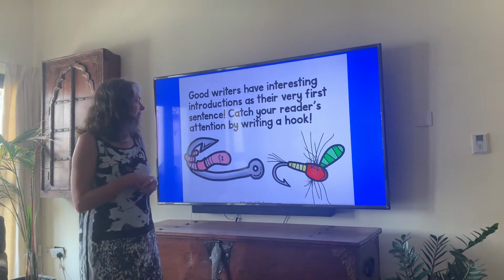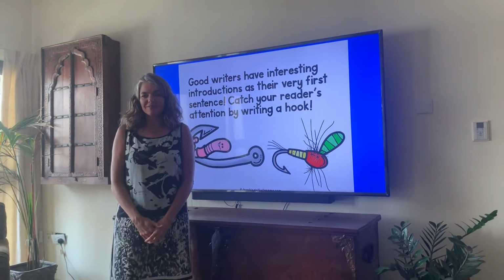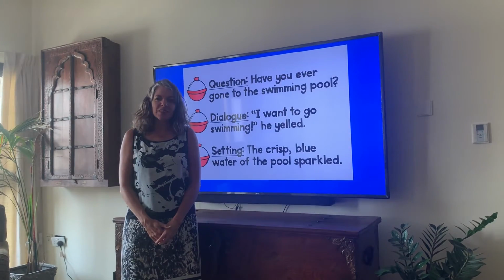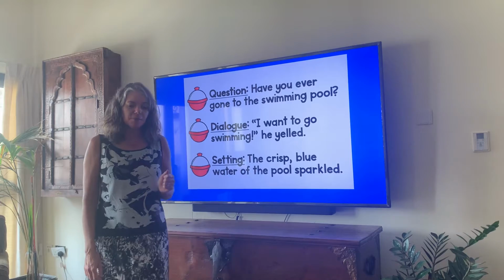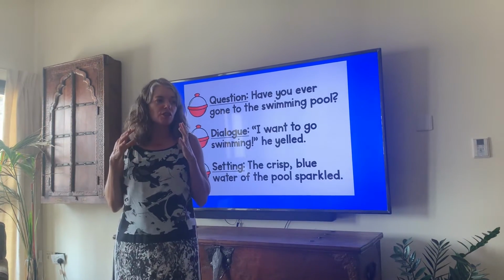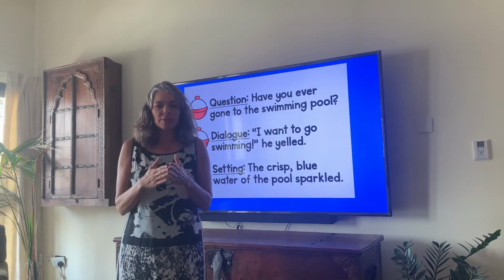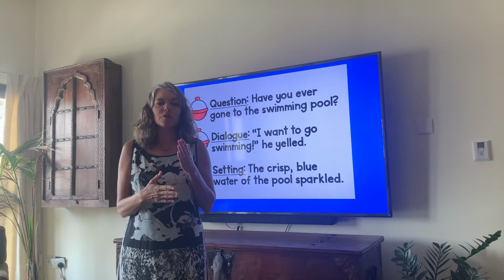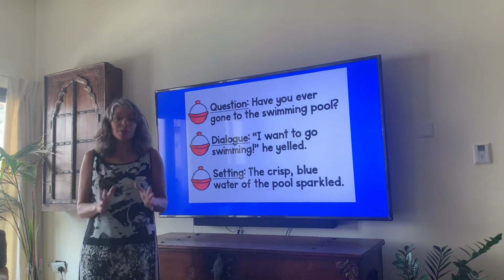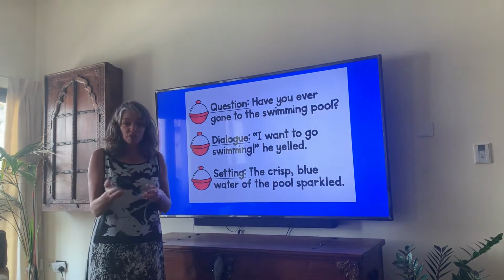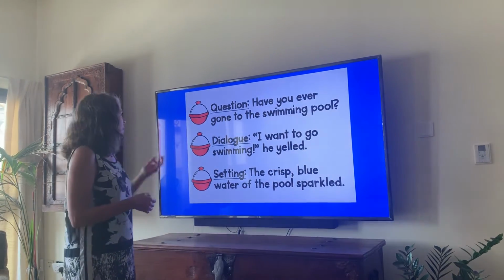So we're going to learn to write different hooks. There are 6 different types of hooks. I'm going to teach you them, using an example from your swimming story. So they're all in the theme of the swimming pool story that you wrote from your summer holiday.